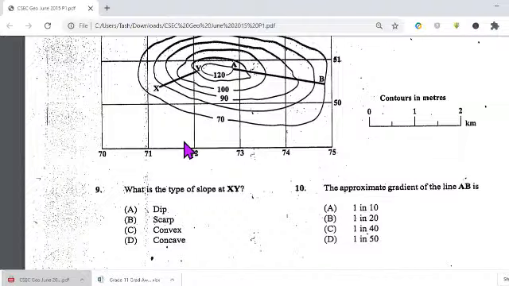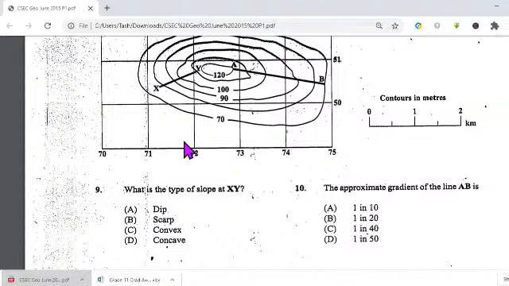For the convex slope now, a lot of these are not done at your grade 10 and grade 11. They would have been done at maybe lower school. When you do geography in lower school, they would have been done there. But the background information is necessary for you to answer questions like these at 10 and 11.